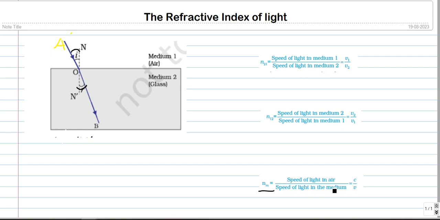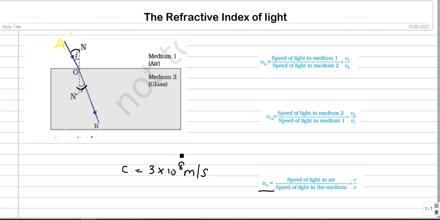The speed of light in air is denoted as C, which is equal to 3 into 10 power 8 meters per second. This is divided by the speed of light in the medium. When we say medium, it can be glass, water, or whichever medium we are talking about. This will be the absolute refractive index of the medium, or simply we call it the refractive index.